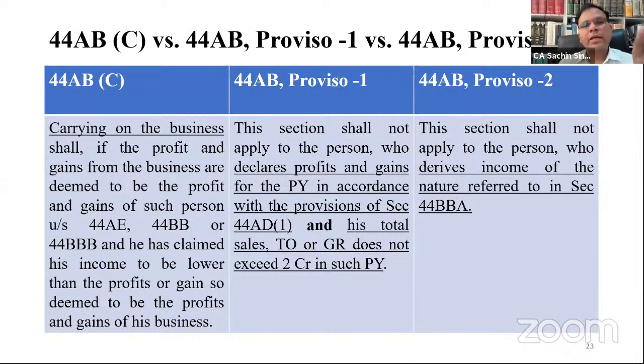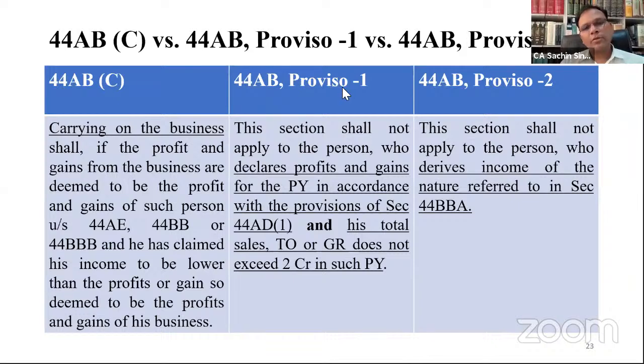Then what the language says: 44AB clause (c) is majorly saying that if you're carrying on business under 44AE, BB, and you don't want to declare the profit as per the percentage prescribed in that particular section, in that case 44AB clause (c) is available for the audit.